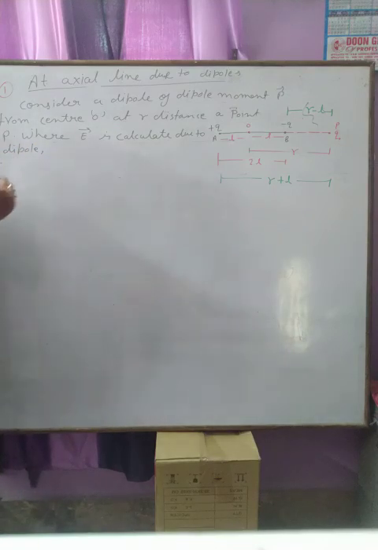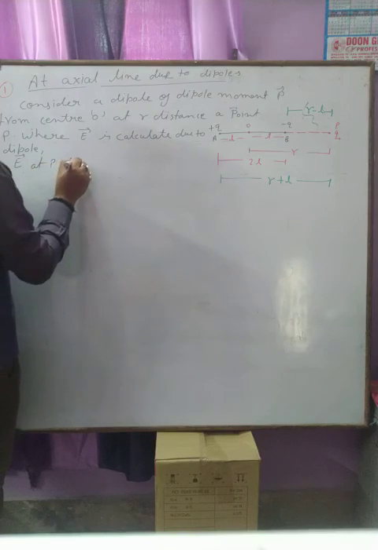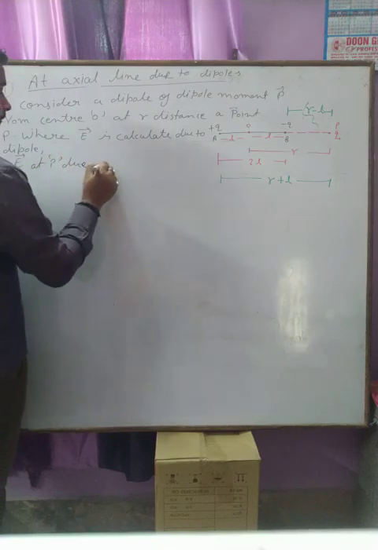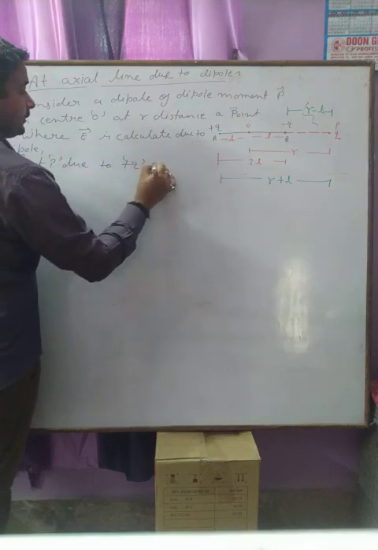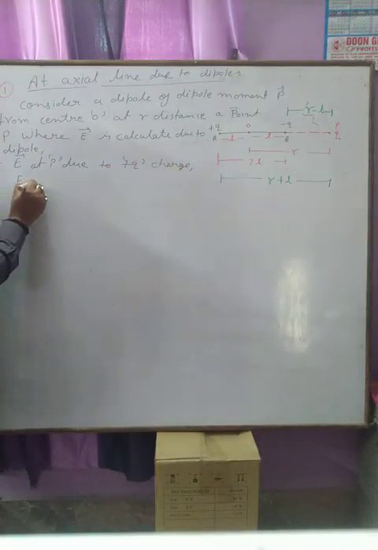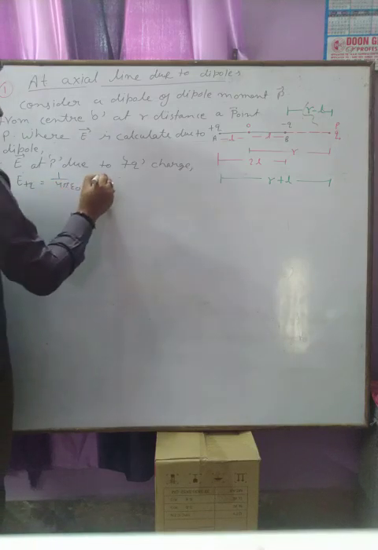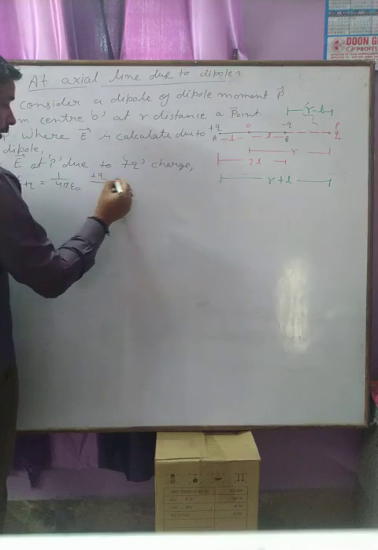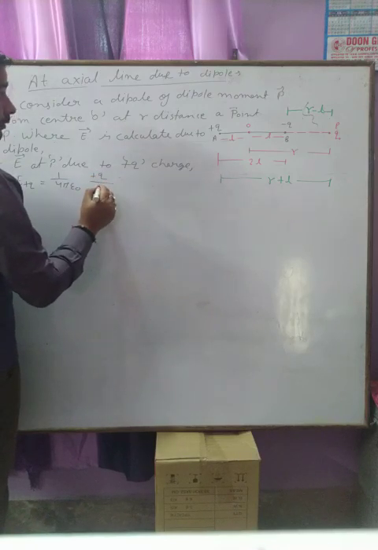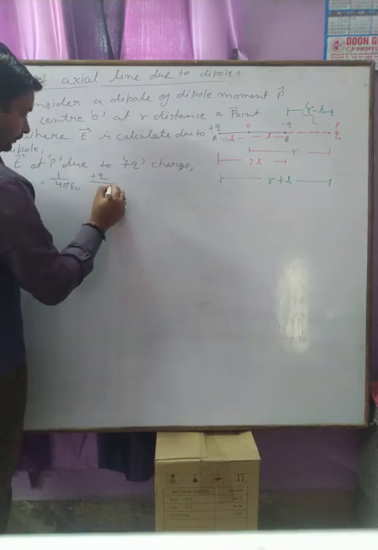Therefore, E1 or the electric field at P due to plus Q charge is E plus Q is equal to 1 upon 4 pi epsilon naught plus Q upon AP square.